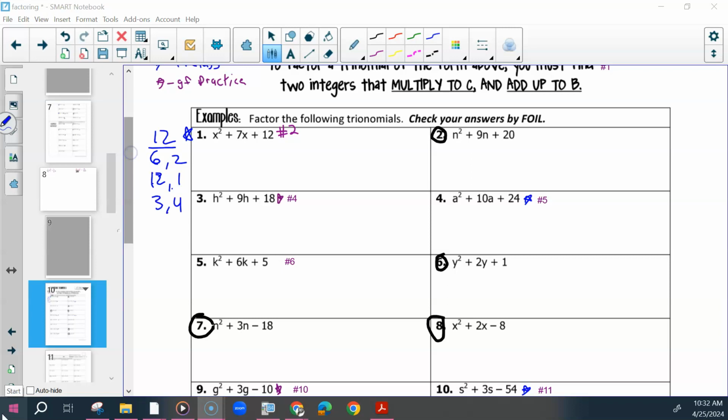So, of these 3 sets of factors, which ones could we add together to get 7? Which would be with 3 and 4? 3 and 4. So we're going to make 2 sets of factors. Whatever the variable is, put that first in both. And then these are both positive, so plus 3, plus 4. Any questions on that?